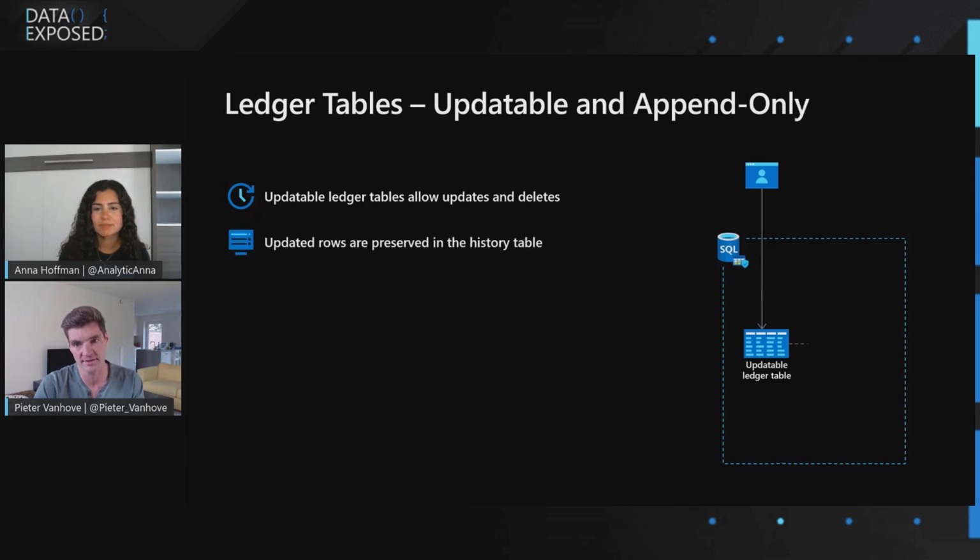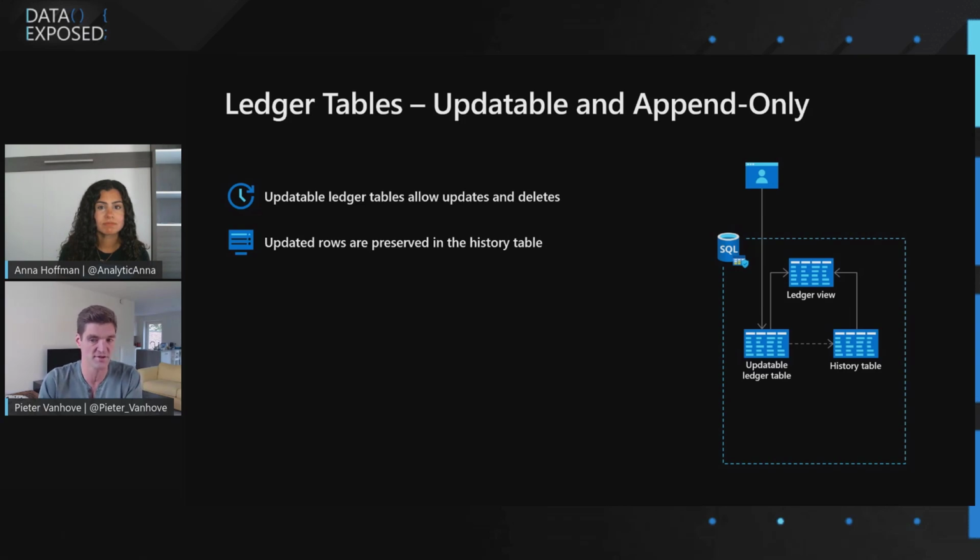Now, let's assume that a user updates a specific row in an updatable ledger table. What we're going to do is save the previous version of that row in the history table. And we're also going to add extra metadata on top of that, like the commit time, the user that has executed that specific statement, and also, for example, the transaction ID.